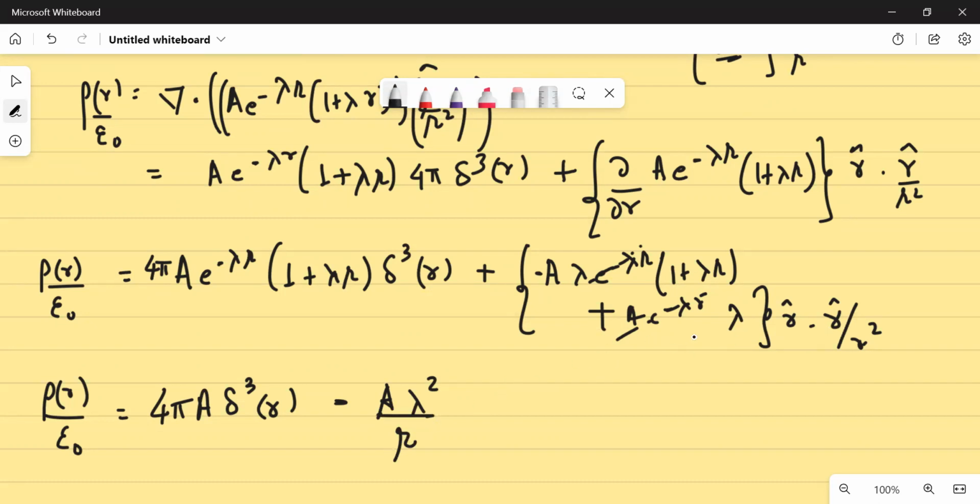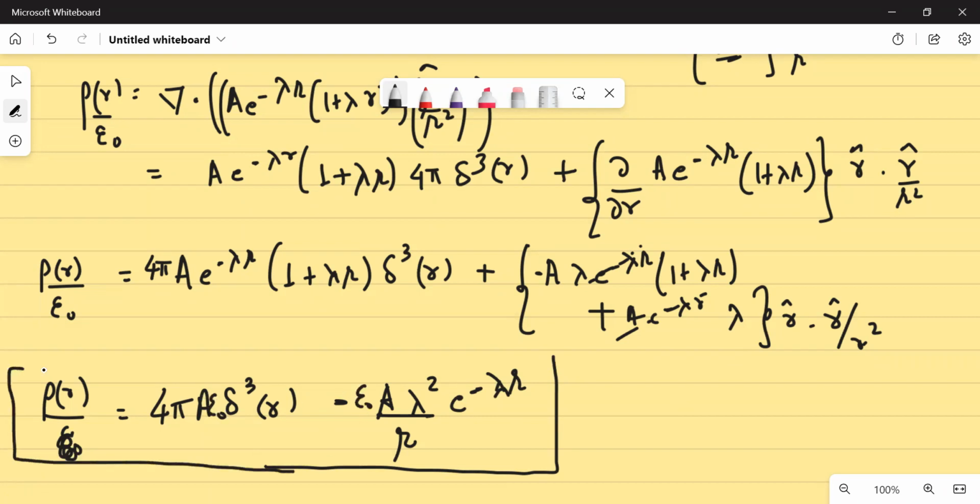And this e to the power minus lambda r will also be there. So overall, I think this will be the term. Sorry, if I multiply it with epsilon naught also, this is how your electric field gave this kind of charge density, just as in the problem before.